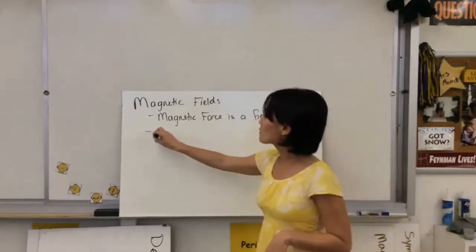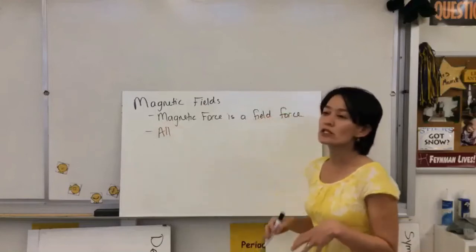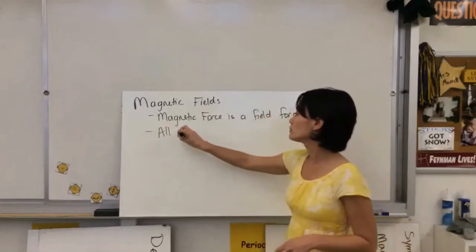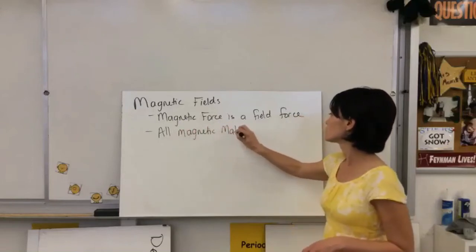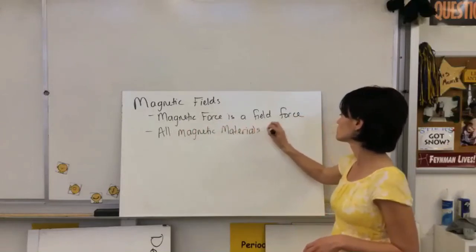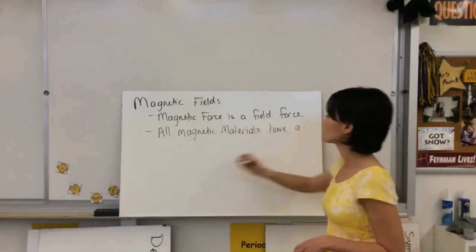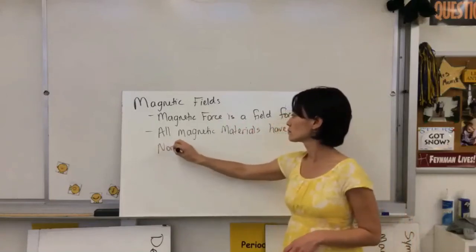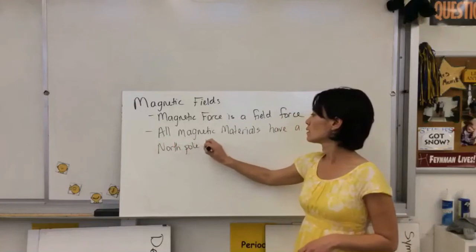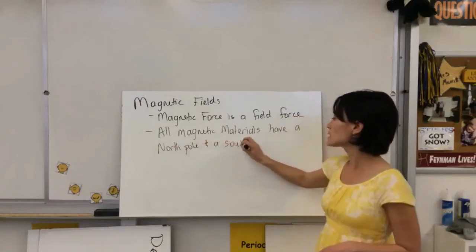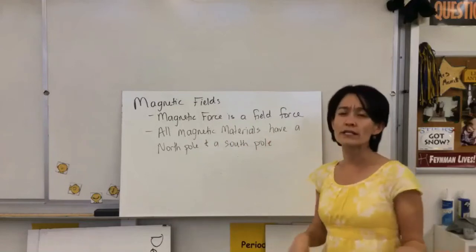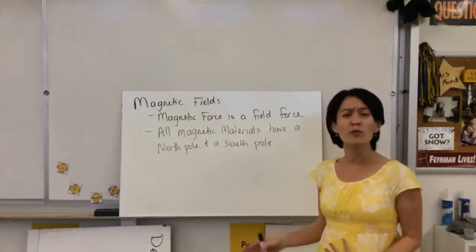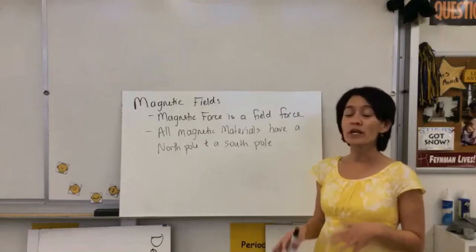All magnetic materials have what's considered a north pole and a south pole. A lot of people tend to think erroneously that the North Pole is assigned a negative charge and the South Pole is assigned a positive charge, and that's not true.